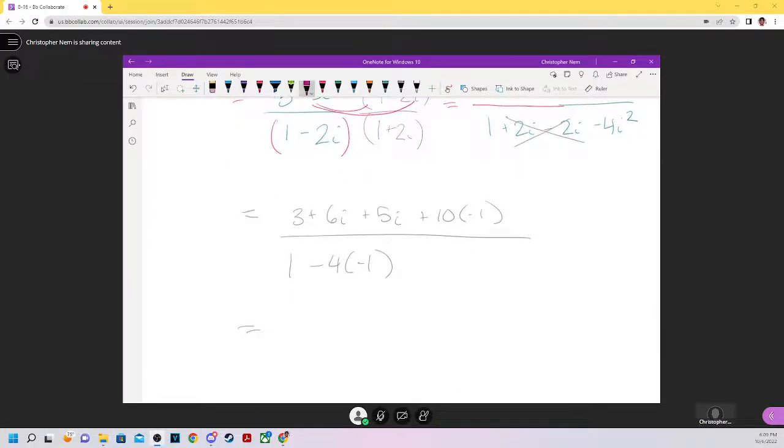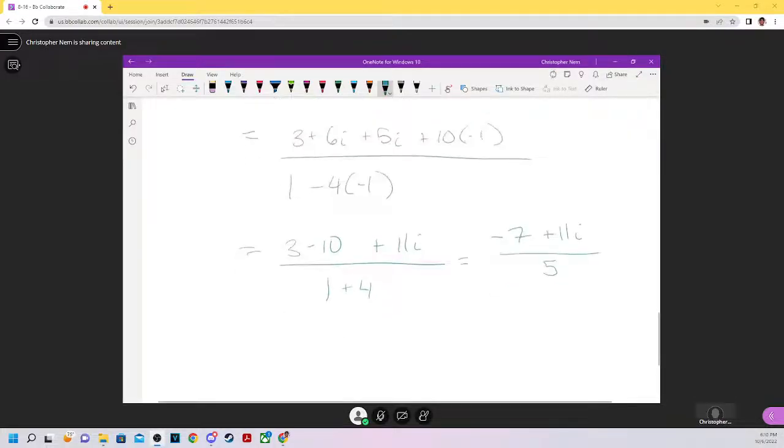Now let's actually separate them out. This is going to be 3 minus 10, I'm sorry, 3 plus 10 times negative 1, so minus 10 plus 11i, all over 1 minus, that multiplied each other, so that's going to be 1 plus 4. Then we have negative 7 plus 11i, my real and imaginary, all over 5.